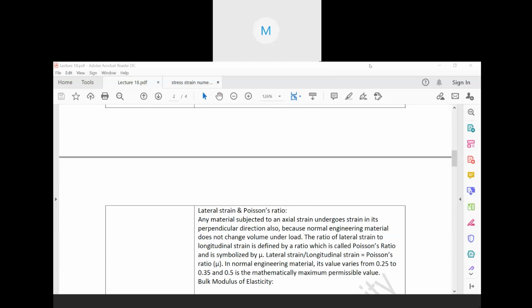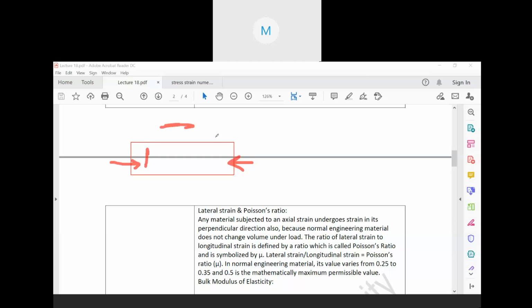Suppose this is a material. After that, the forces are applied here and here, because of which there will be a change in dimension in the lateral direction and also in the longitudinal direction.